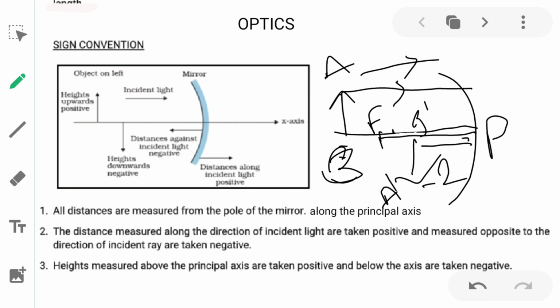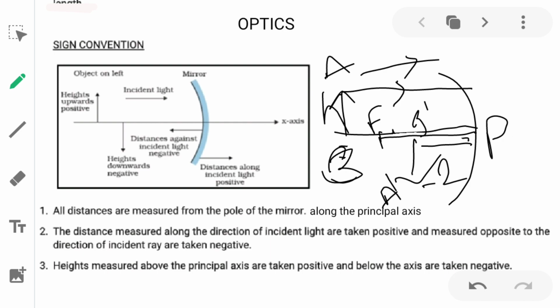Now the third point is, heights measured above the principal axis are taken positive and below the principal axis are taken negative. Now look at the object AB. It is above the principal axis. If it is of height h, then it can be taken as +h.